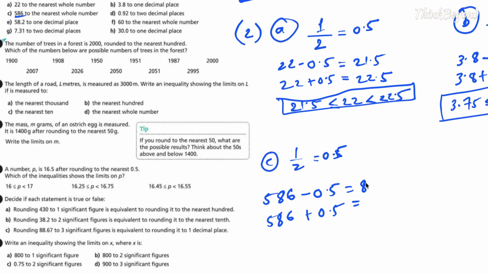You will get 585.5, and here you will get 586.5. So the inequality will become 585.5 is less than or equal to 586, which is less than 586.5.